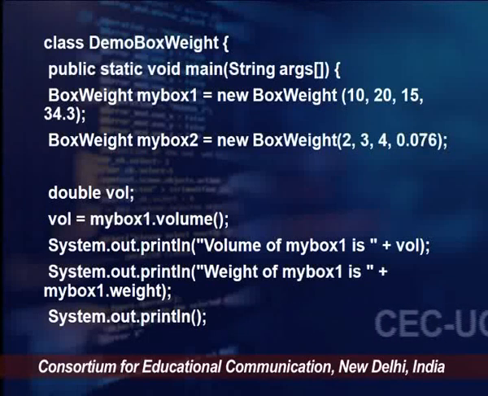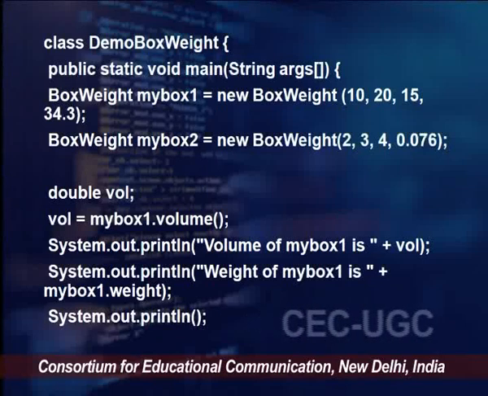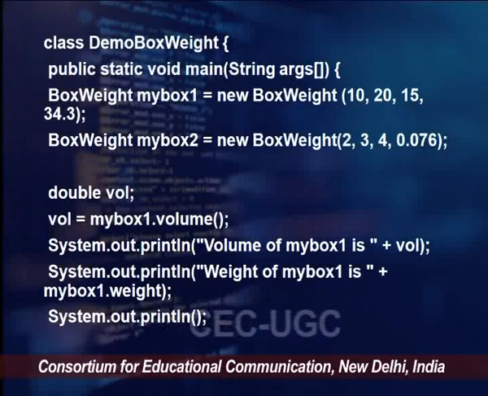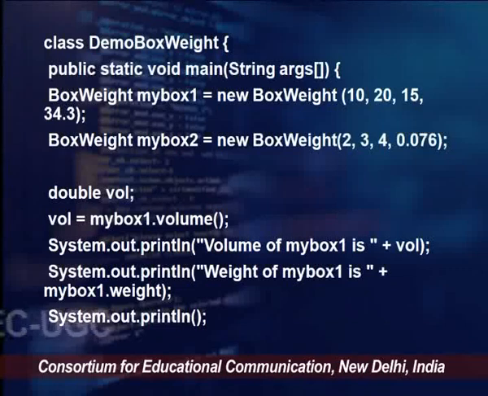Similarly, for the second object which is mybox2, this object also belongs to the class BoxWeight. We have 2, 3, 4 and the weight is 0.076, and we are also calling the function volume, and whatever value is being returned by volume is being stored in the variable vol.